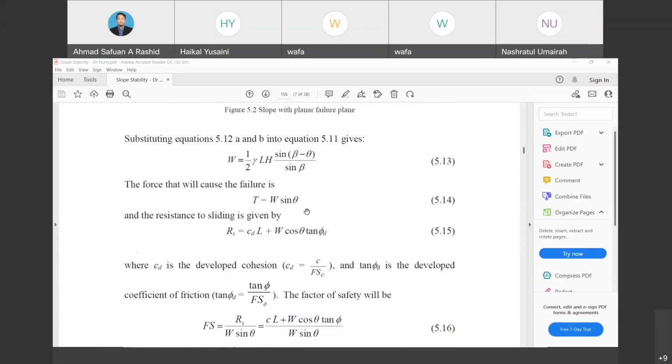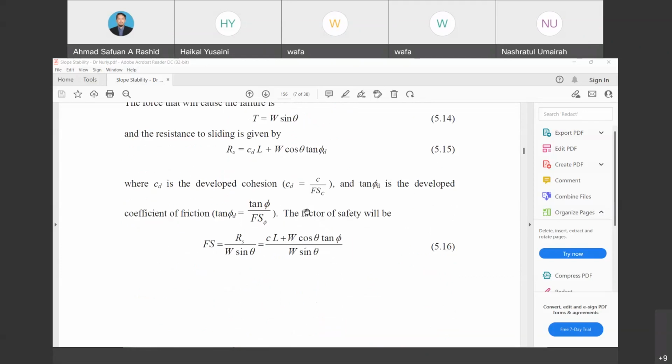So the force that will cause the failure is what we discussed previously. 5.15 is the resisting force, where CD is the developed cohesion. Then we may use some solutions for this type of failure.